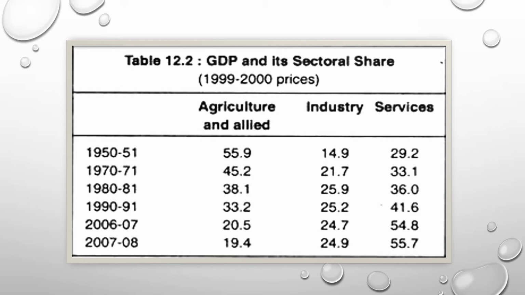In 2007-8, service sector contribution was high and the lowest contribution was from agricultural sector. So this chart showed how the scenario of contribution of three sectors in our GDP changes along with time. In the next slide, with the picture, you can compare it very well.